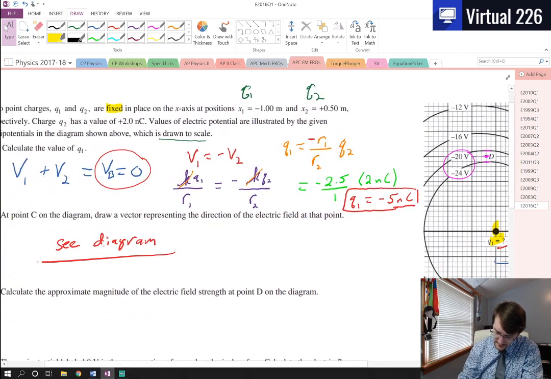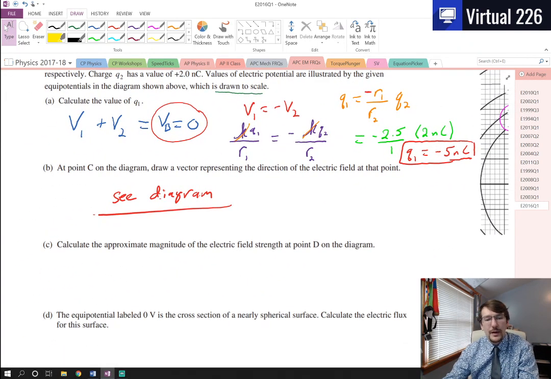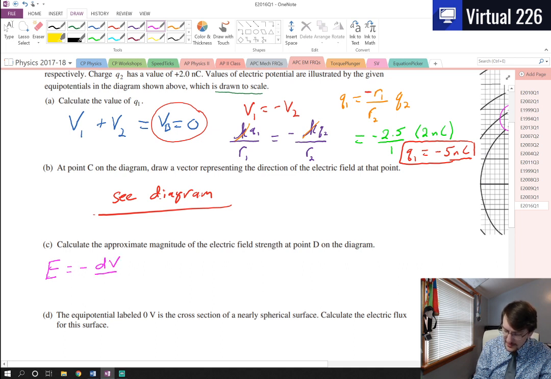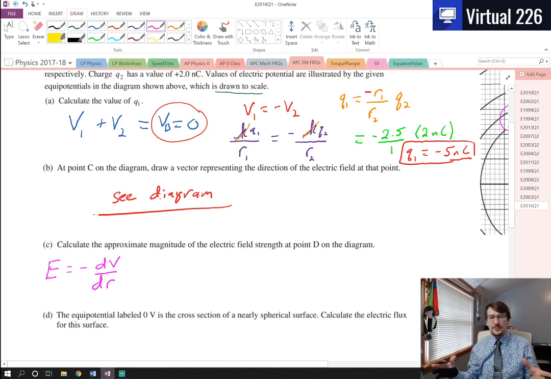Well, hopefully we remember that we can think about the electric field in different ways. For an AP Physics C world, it's important to remember that the electric field is equal to the negative of dV dx or dr. I like writing dr because it's a radial distance, but it's some distance position.